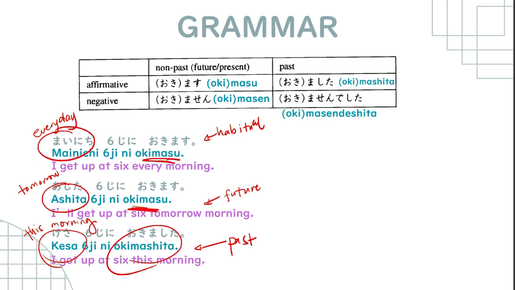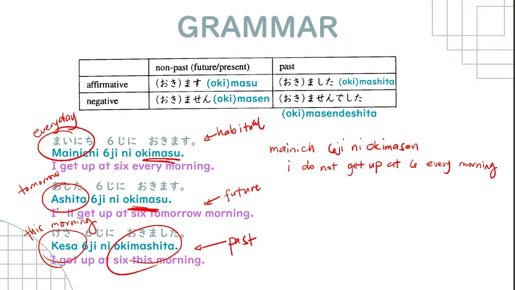Again, if you say 起きません, I do not wake up. 毎日, for example, we have 毎日6時に起きません. I do not get up at 6 every morning. Okay? Do not.